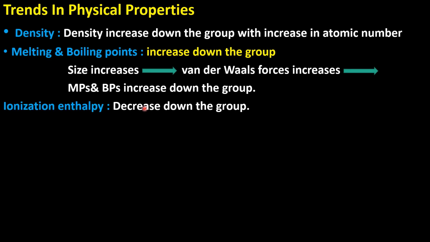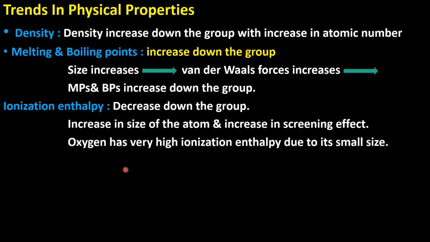Ionization enthalpy. Ionization enthalpy decreases down the group. The reason is increase in size of the atom and increase in screening effect. Because of the increase in size of the atom and increase in the screening effect, the ionization enthalpy decreases.